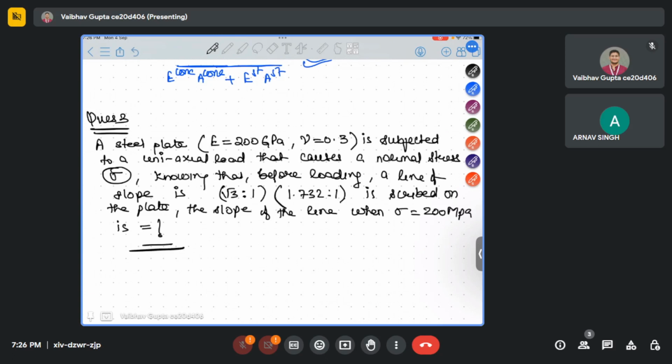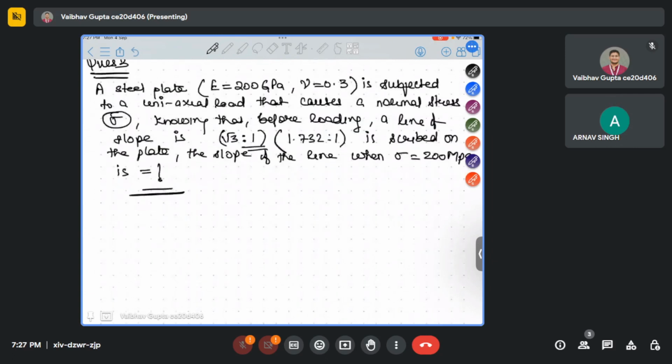See, first of all, by seeing the question, you have to understand what it means. Long before you have studied reference configuration and current configuration. Now you are saying that in the reference configuration the slope is in the ratio of this thing. I will just make a cube. They are saying the slope of that line is in the ratio of √3:1. √3 is nothing but 1.732.